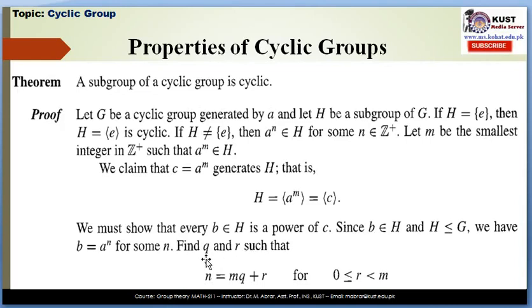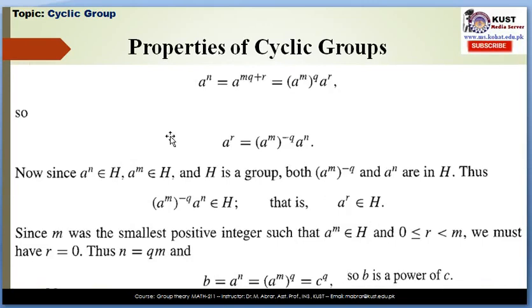So we have integers n, q, r such that n is equal to mq plus r. It's exactly by the definition of the division algorithm. Of course, r is the remainder and it cannot exceed this m by definition.